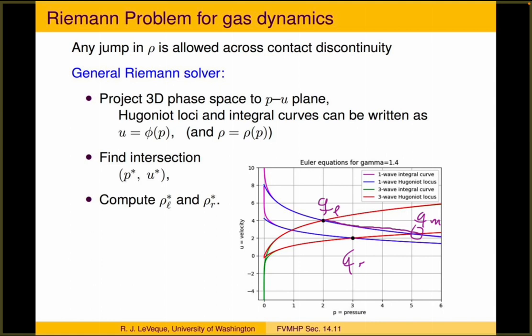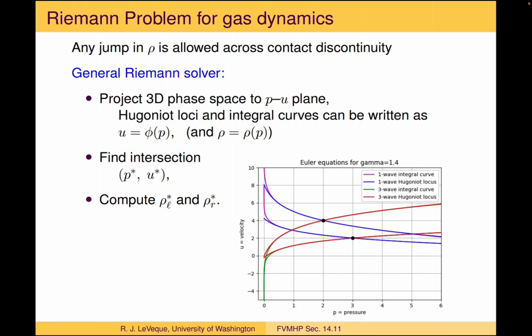Once we have found that intersection in the PU plane, since we also have expressions for how rho varies along each of these curves, once we have found the intersection P star, U star, the middle state, we can then find rho L star and rho R star, the two different values of the density along the two different curves.